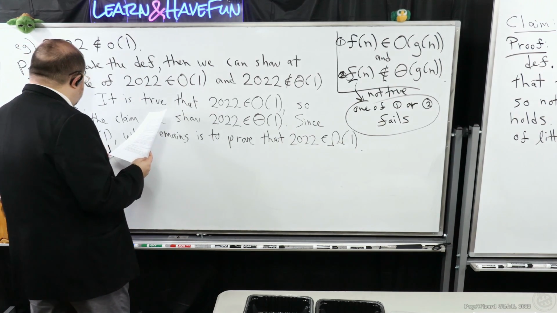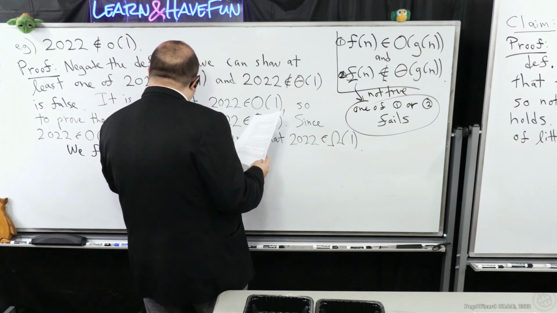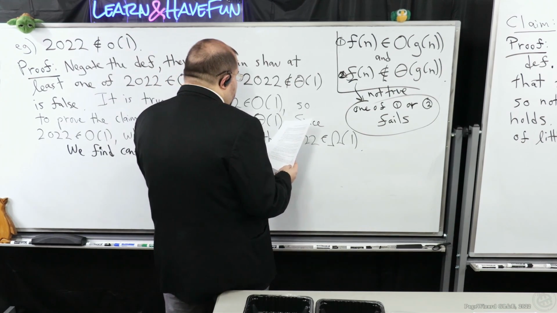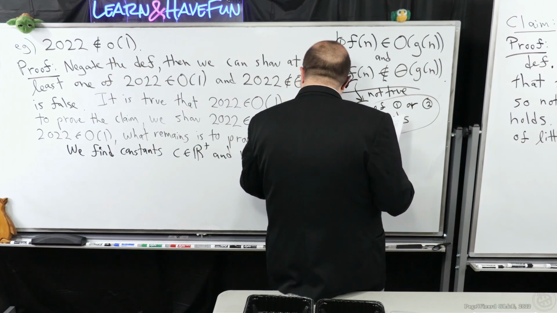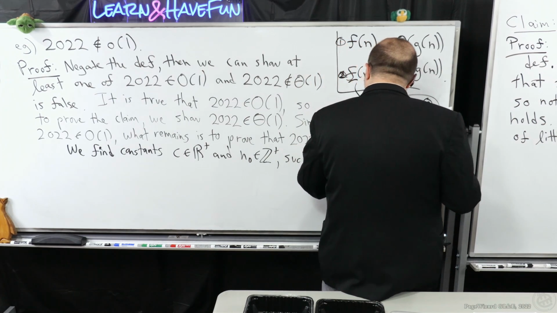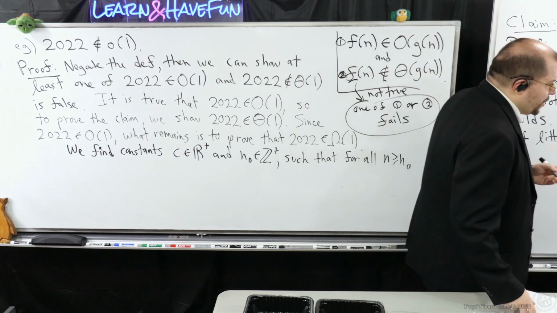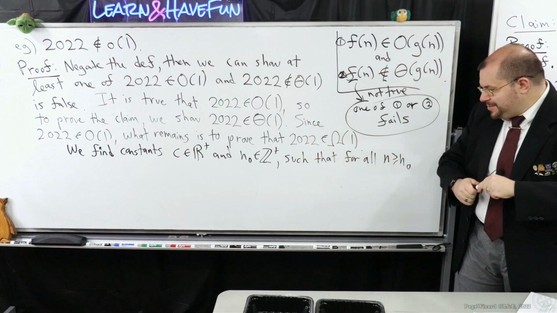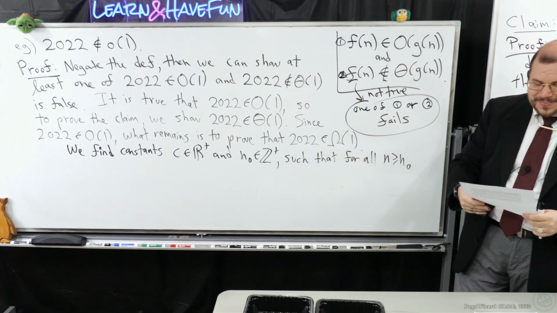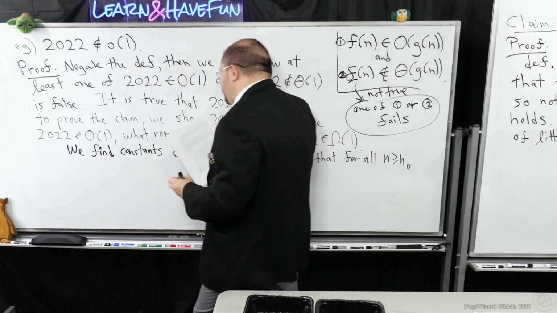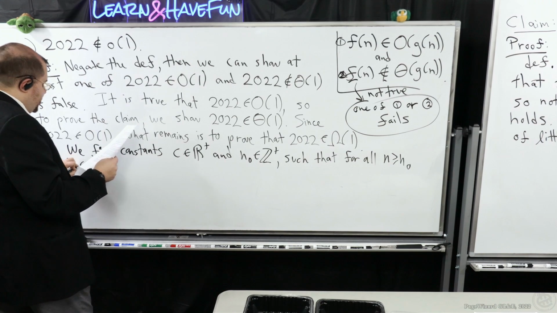We find constants c, which is a positive real number, and n0, which is a positive integer, such that for all n greater or equal to n0, 2022 is greater or equal to c times 1.